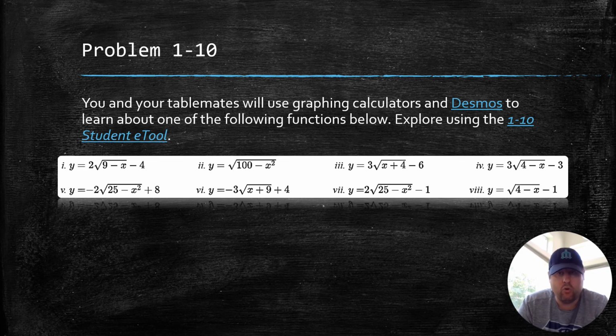There is an e-tool in our textbook, and I put a link here. It'll also be on Google Classroom for you to look at at a later date. Each one of you is going to be given one of these 8 functions to look at, so you'll be assigned a function in class.